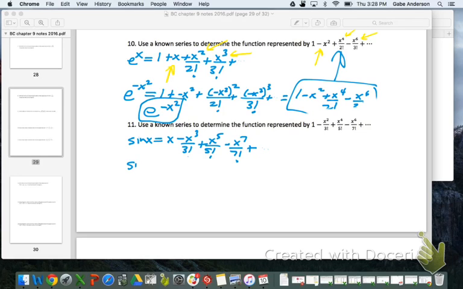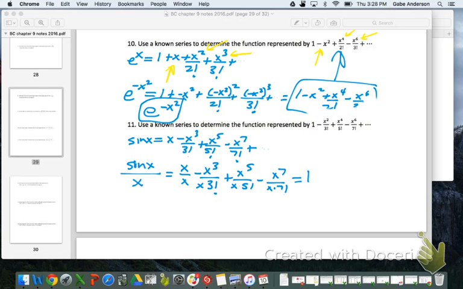If I divide everything through by x, so sine of x over x equals x over x minus x to the third over x times 3 factorial plus x to the fifth over x times 5 factorial minus x to the seventh over x times 7 factorial. I think you see that the x's will cancel on each term.